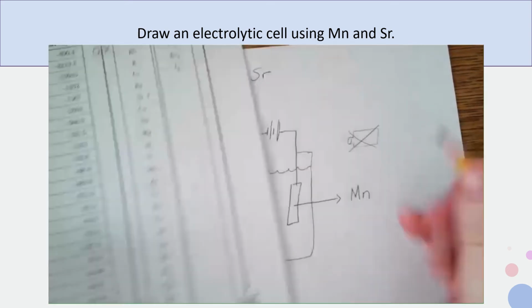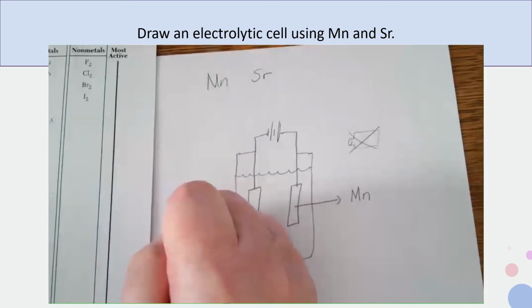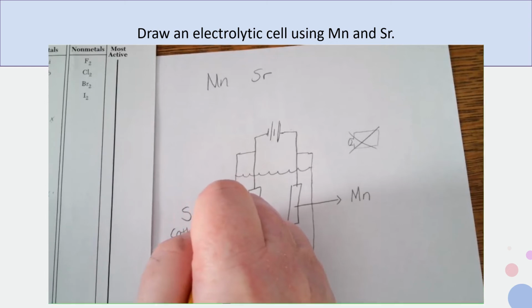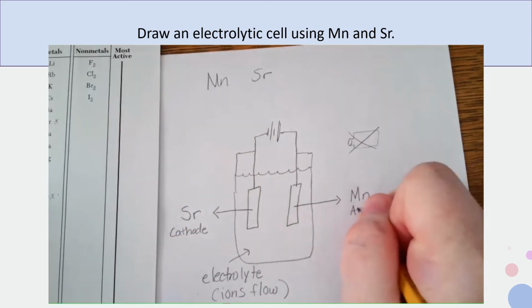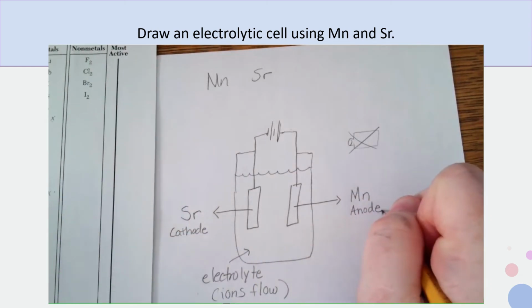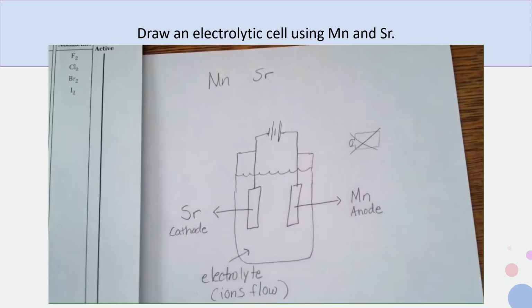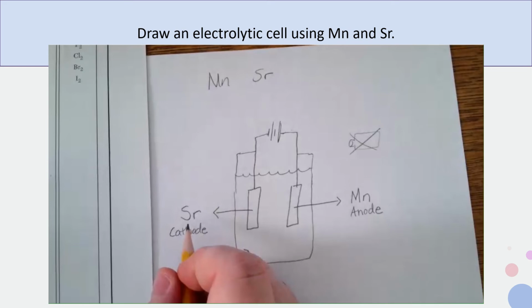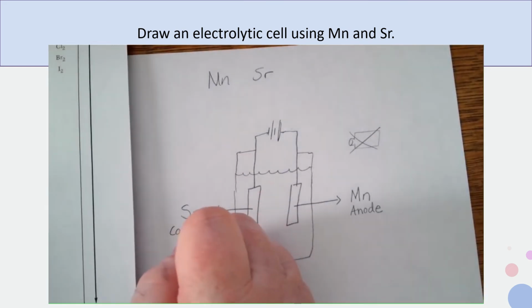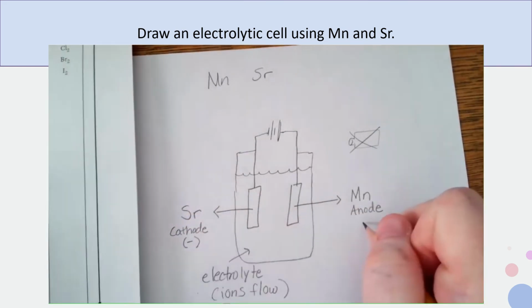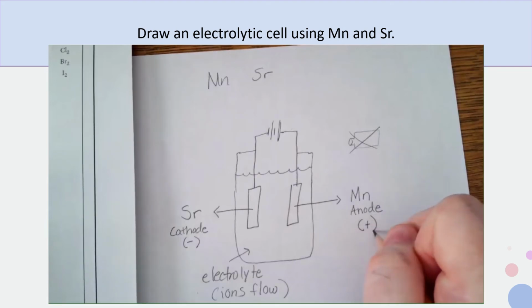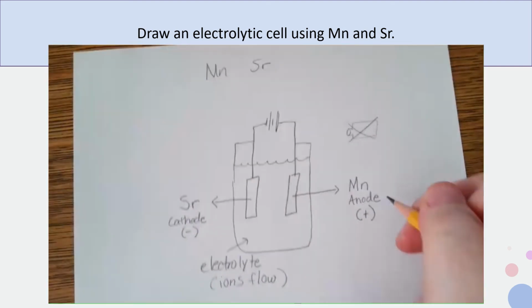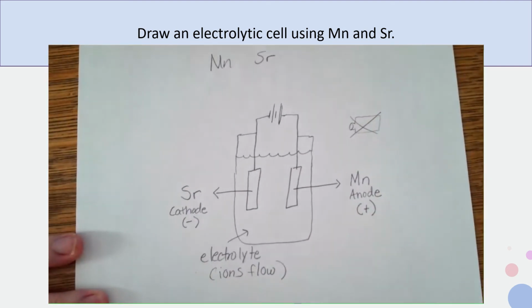So this Sr is going to be the cathode, and this Mn is going to be the anode. And then because this Sr was originally supposed to be the anode, this cathode is actually negative, and this anode is positive. And that's the big switch in an electrolytic cell.